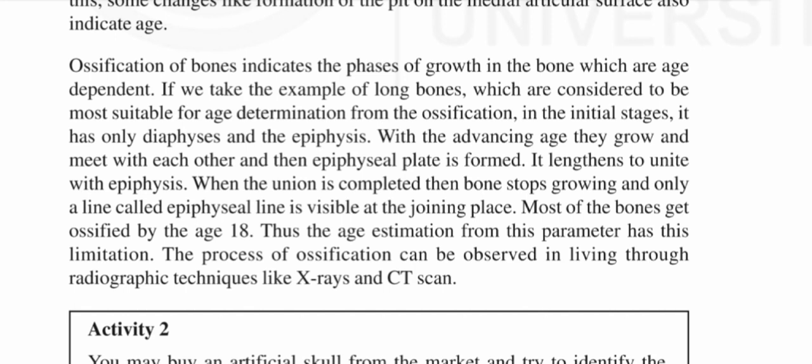When the union is completed, the bone stops growing and only a line called the epiphyseal line is visible at the joining place. Most of the bones get ossified by the age of 18. Thus the age estimation from this parameter has this limitation. The process of ossification can be observed in the living through radiographic techniques like X-ray and CT scan.